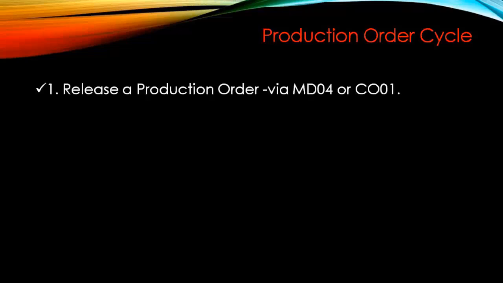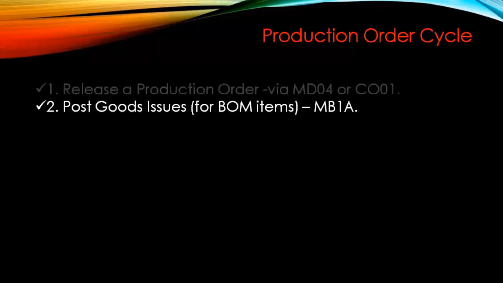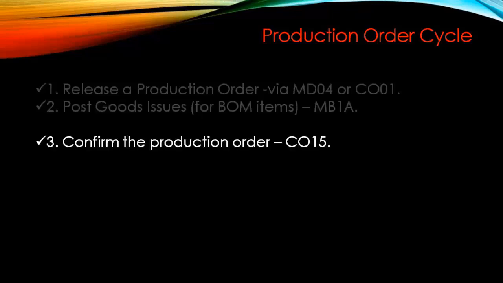But before we start, let me refresh your memory. In the production order 2 video previously, I've shown you the cycle of a production order. First you create and release a production order, then you do the post goods issue for the BOM items using MB1A. Third, you confirm the production order.